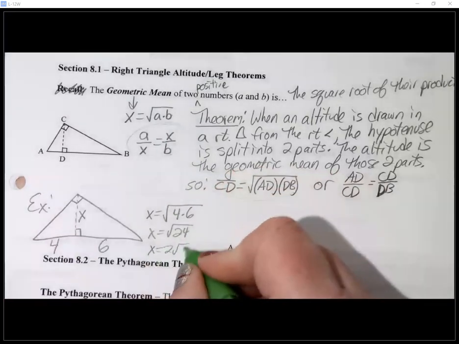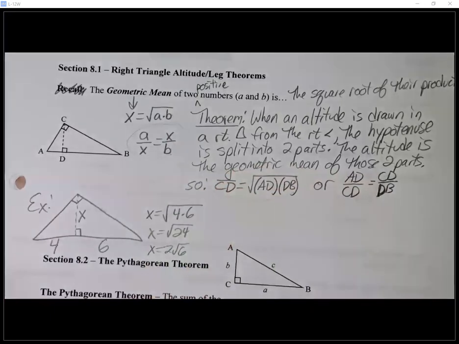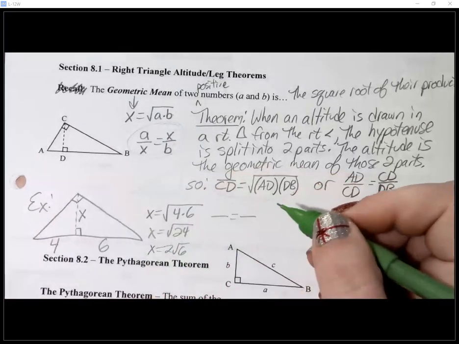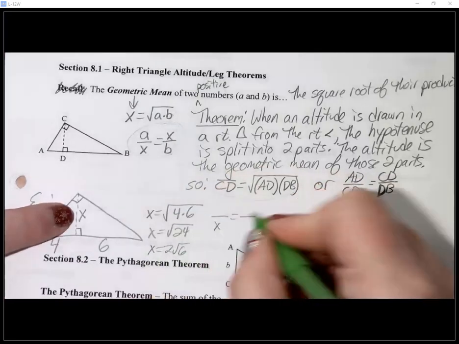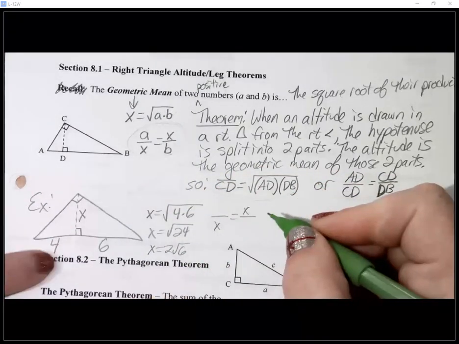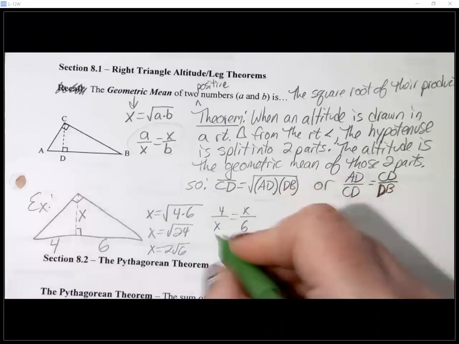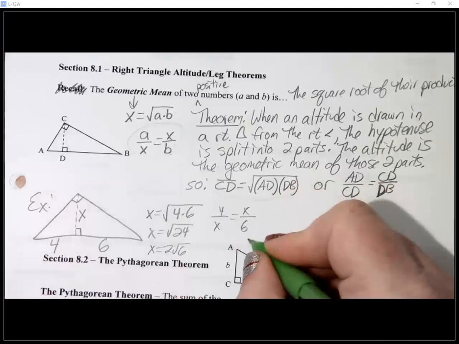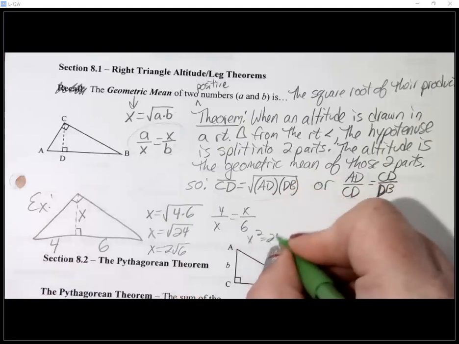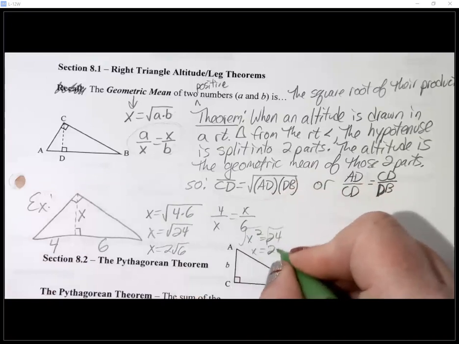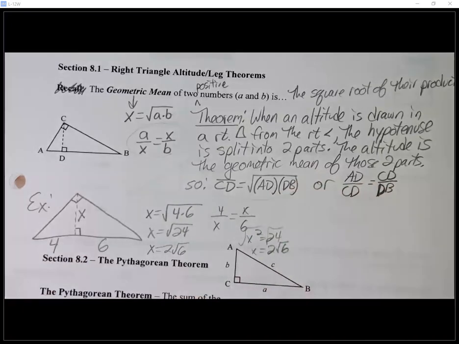If you prefer the proportion, set up your proportion: whatever is the geometric mean, in this case X, goes in one set of diagonals, and then the pieces, 4 and 6, go in the other. When you cross multiply, you'll see pretty quickly that I'm basically getting X squared equals 24, and then I square root both sides. So I still get 2 root 6. Either way, whatever makes more sense to you, okay?